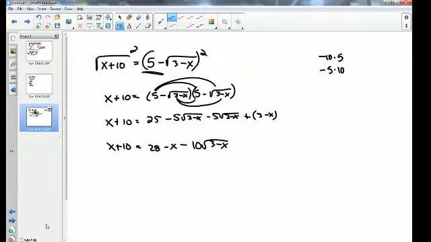All right, now we're at the point where we can isolate the radical. Yeah, these problems can get kind of long. So I'm going to move those two numbers, that number and that letter, and I get 2x minus 18.